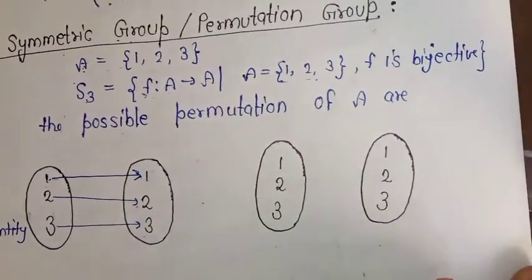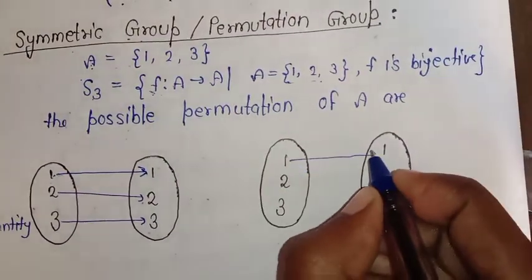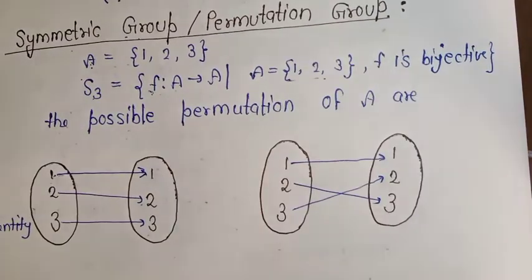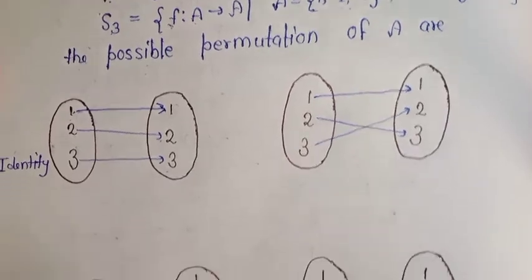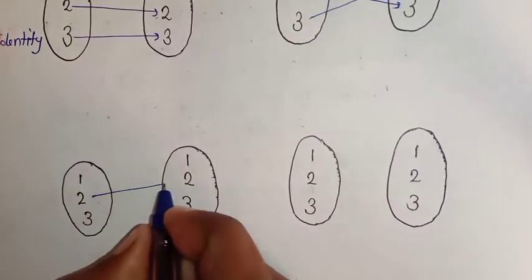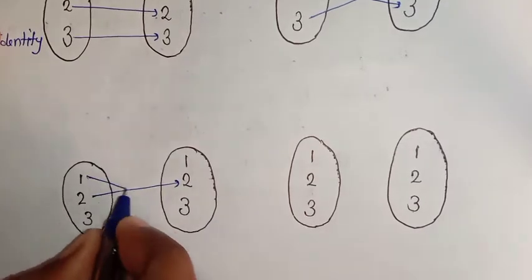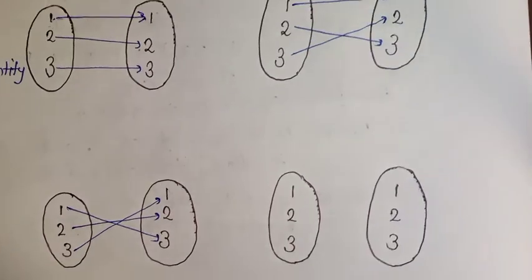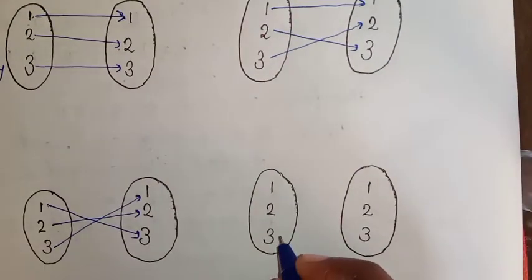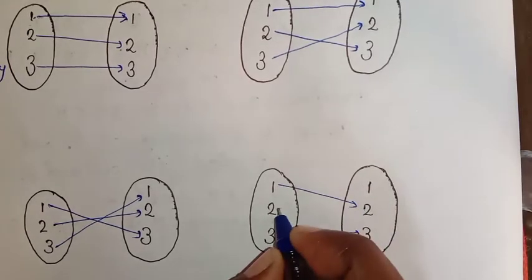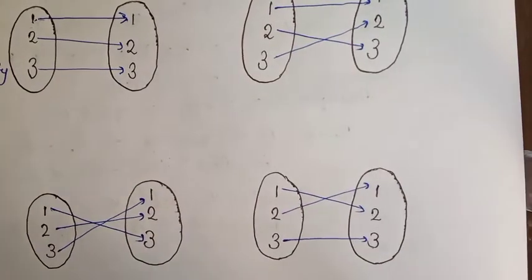Now the second case is that 1 goes to 1 but 2 goes to 3 and 3 goes to 2. The third possibility is that 2 is going to 2, 1 is going to 3 and 3 is going to 1. This is also a possibility. The fourth possibility is that 3 is going to 3, 1 is going to 2 and 2 is going to 1.